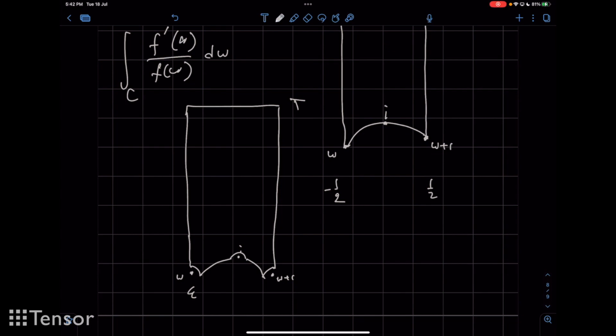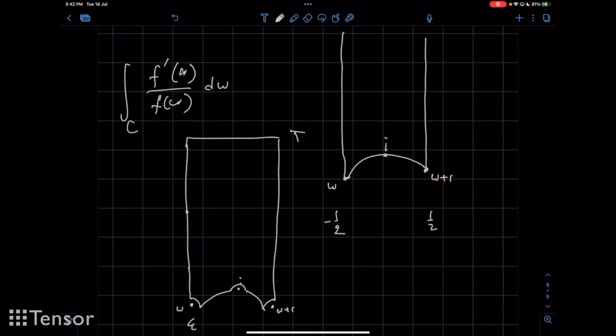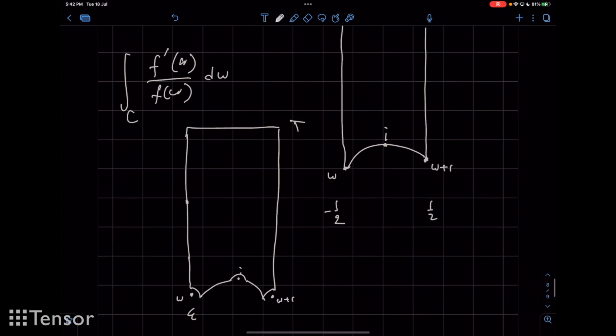But what if we have some zeros on the side? Let's say we have a zero here, what do we do? In order to integrate over this function, we need the function to have no zeros or poles on the contour we are integrating over, right? So if there is a zero here, we again cut out a very little semicircle here.